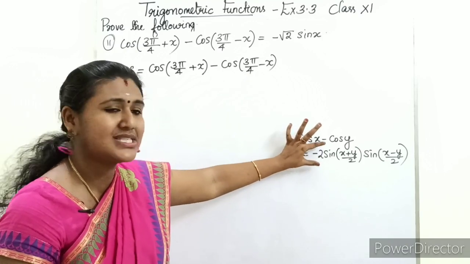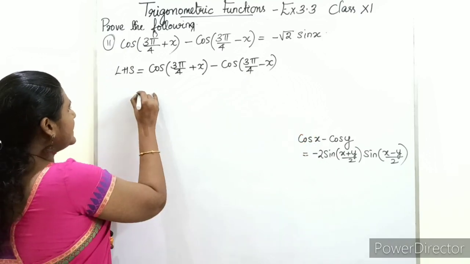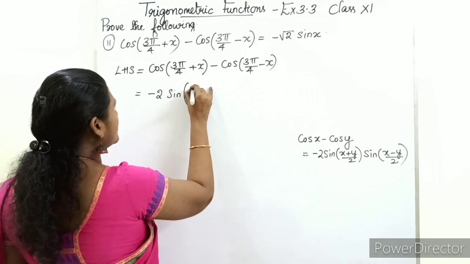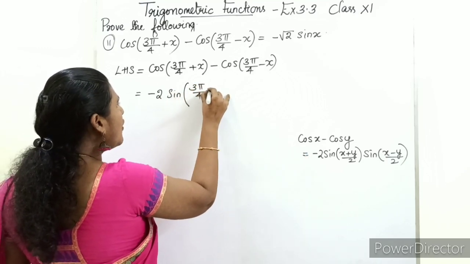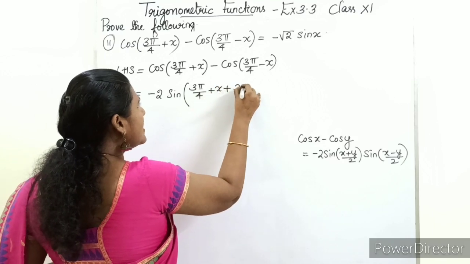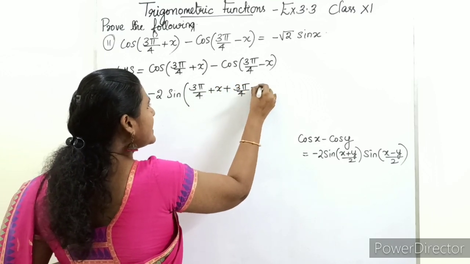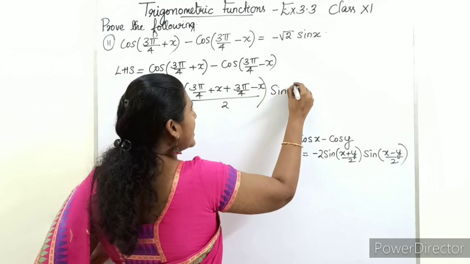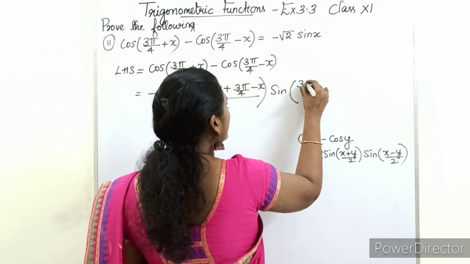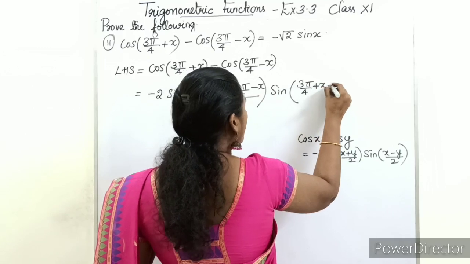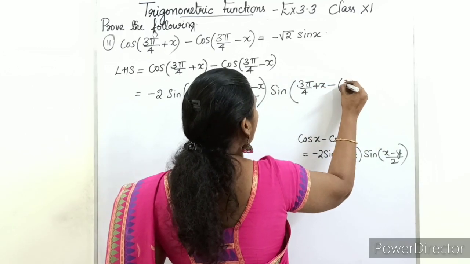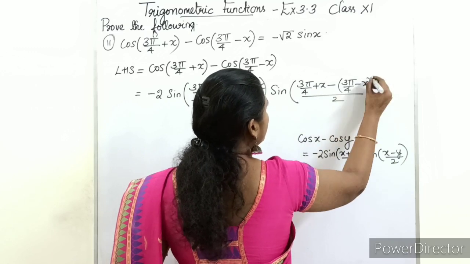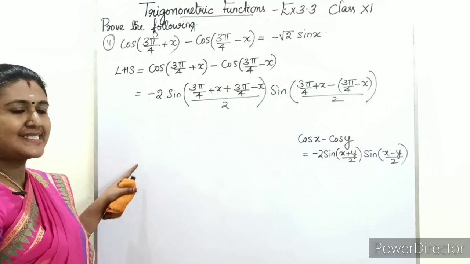So we are going to use this identity now, that is −2 sin of (x + y)/2, that is (3π/4 + x + 3π/4 − x)/2, into sin of (x − y)/2, that is (3π/4 + x − (3π/4 − x))/2. Okay, now we will simplify this.